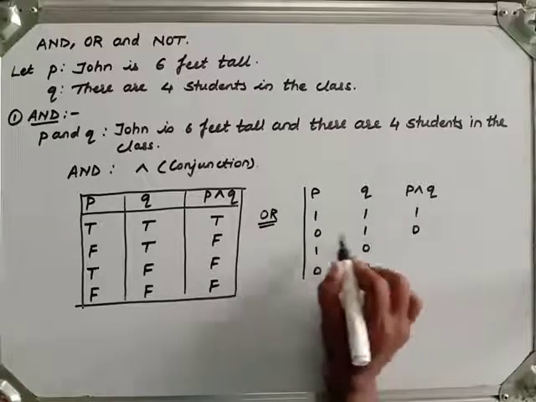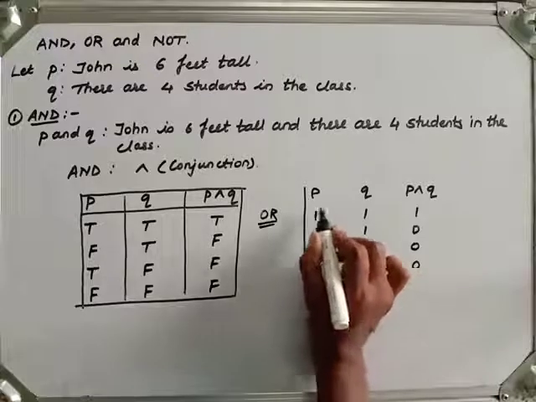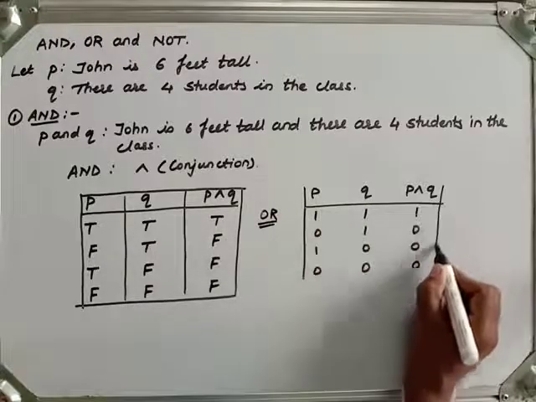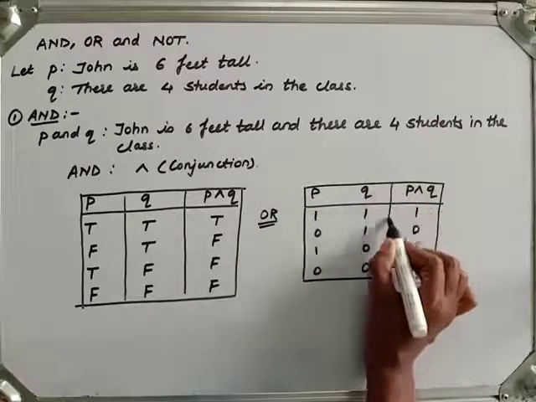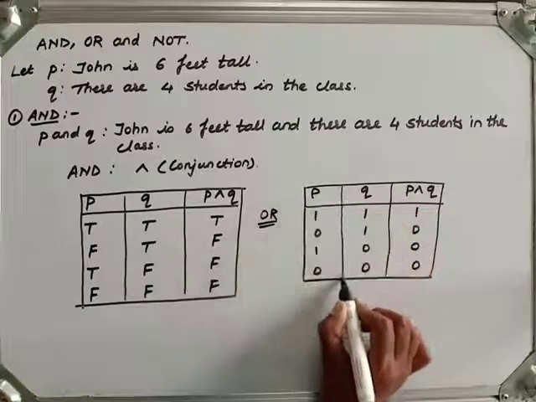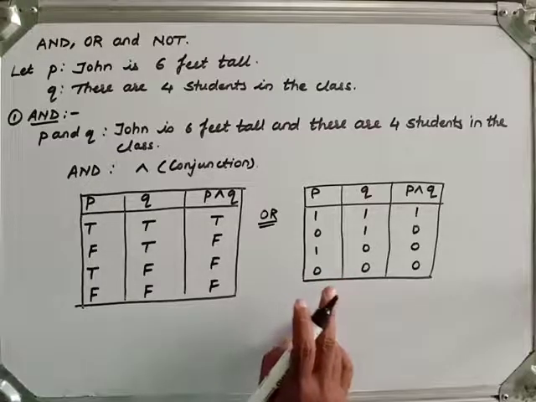Again false true gives false, and here also false. As such we can prepare a truth table for P and Q using another notation for the truth values: true is denoted by 1 and false is denoted by 0.